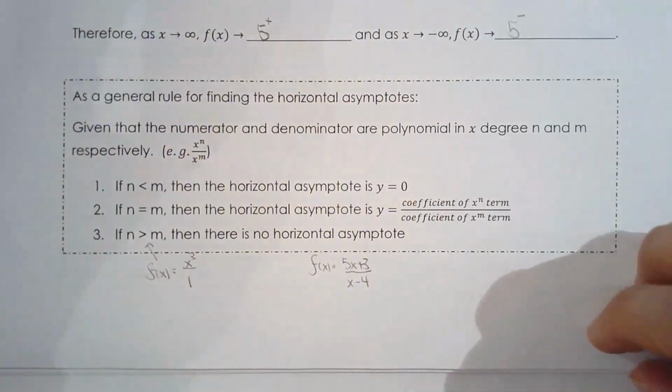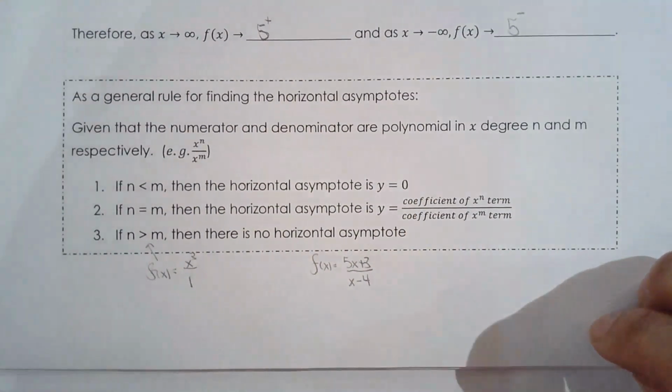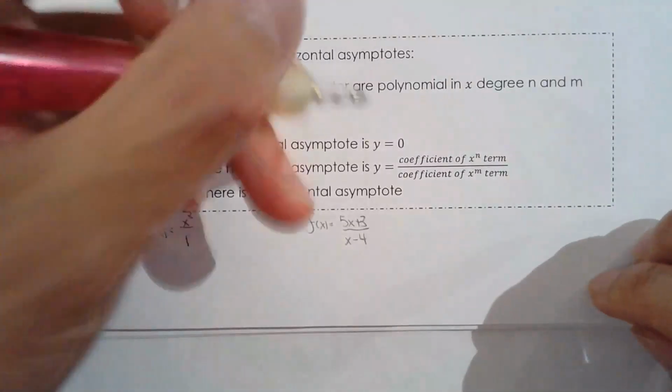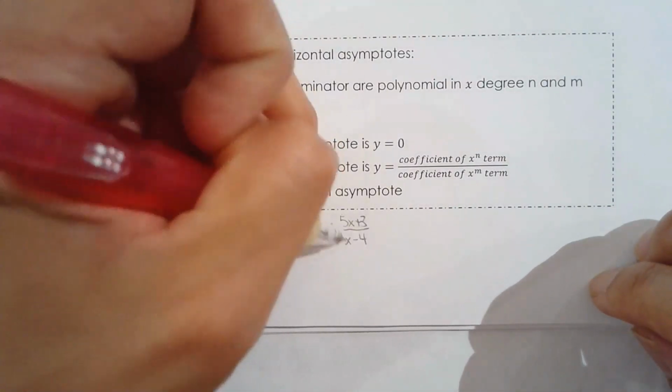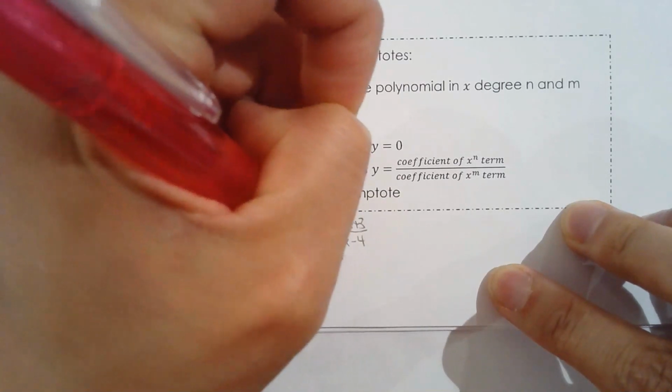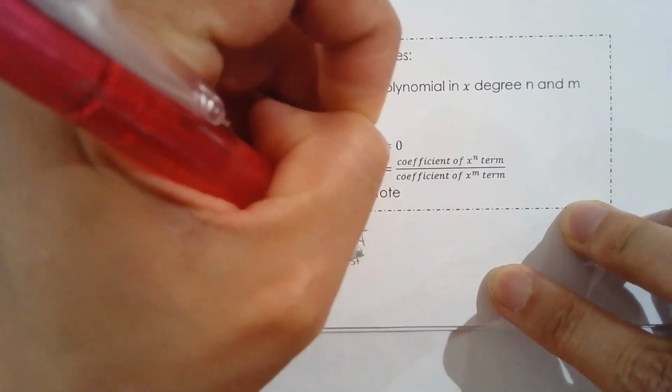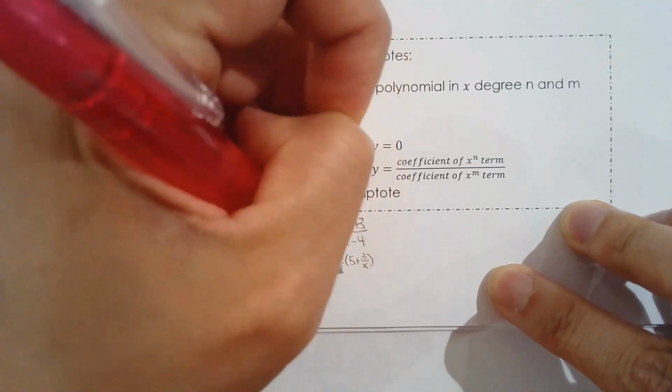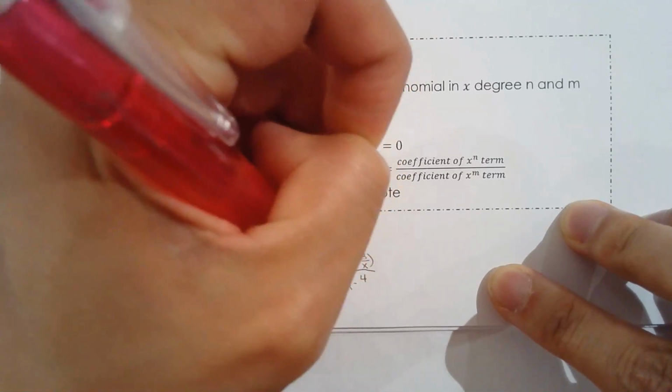All right, so what I'm going to do is factor the greatest power of x from the numerator and denominator.